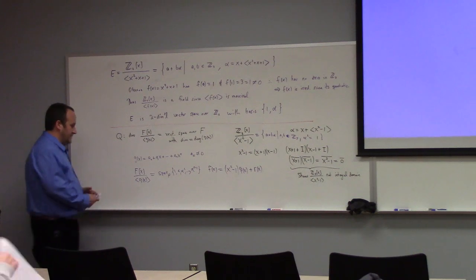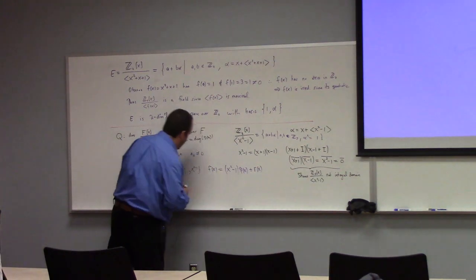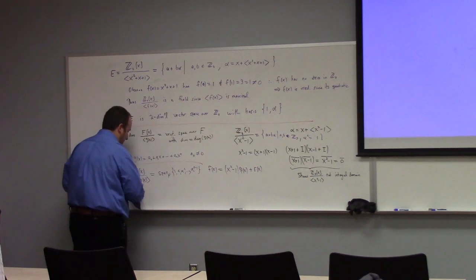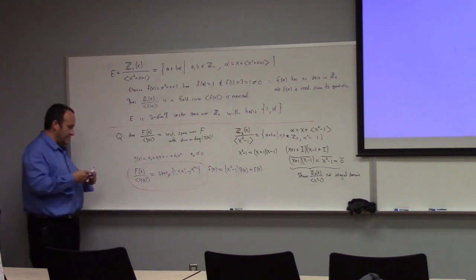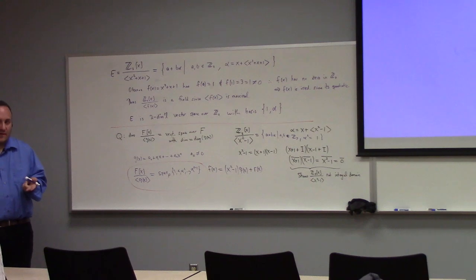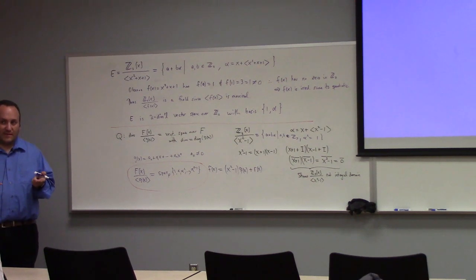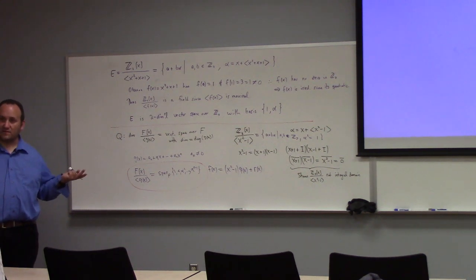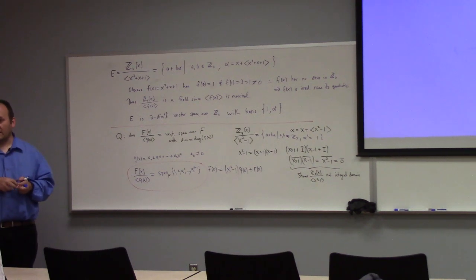That theorem does not require irreducibility of g of x. We needed irreducibility to make it a field. If we're just studying it as a ring, it's still a vector space of dimension n over the base field.